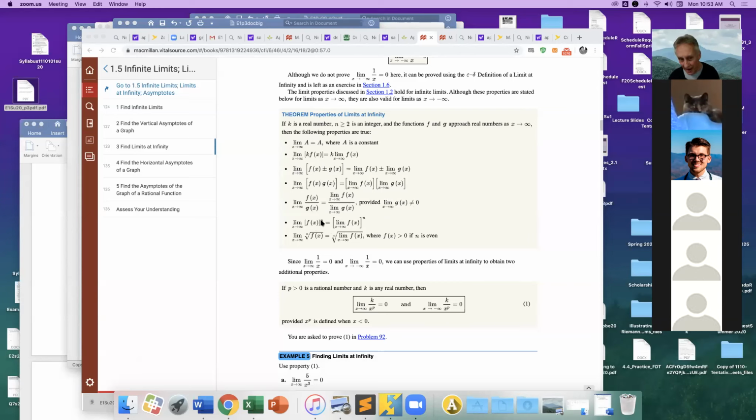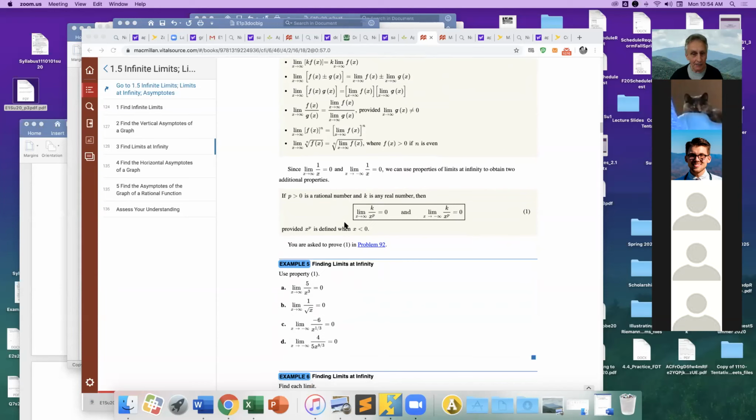The limit of a power, f to a power, is equal to the power of the limit, okay? And the limit of a root is equal to the root of the limit. So it follows through all the way, and that'll carry with us in a variety of different things throughout calculus. But this is a key part of this situation.